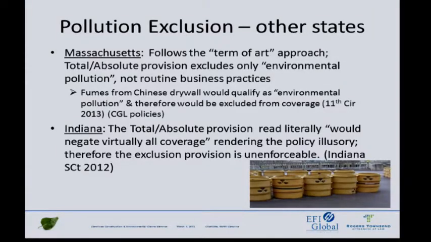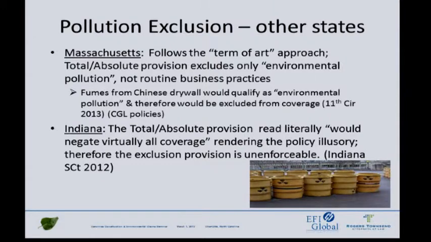All right, Massachusetts. This environmental pollution is also referred to as the term of art approach, and that is, again, what is excluded by the total pollution exclusion is what the term of art or what laymen would consider environmental pollution, stuff getting in the groundwater, all that sort of good stuff, but does not include normal business operations.